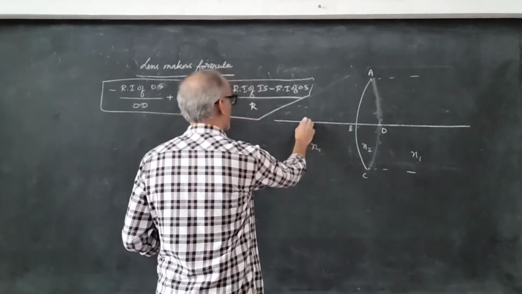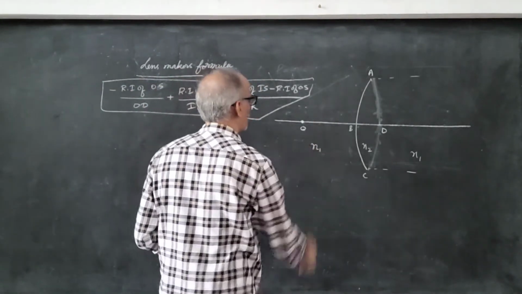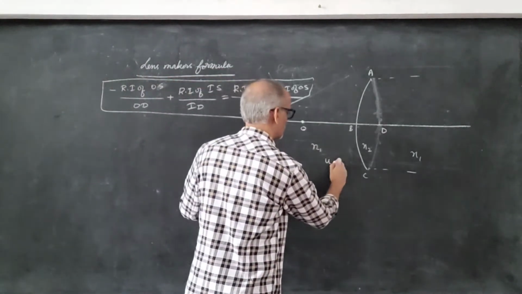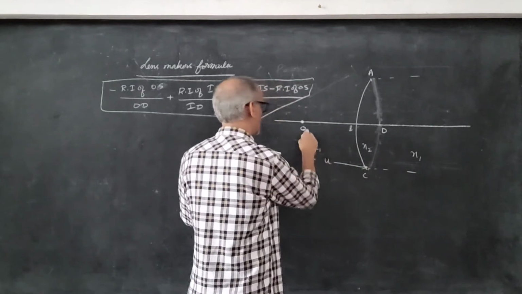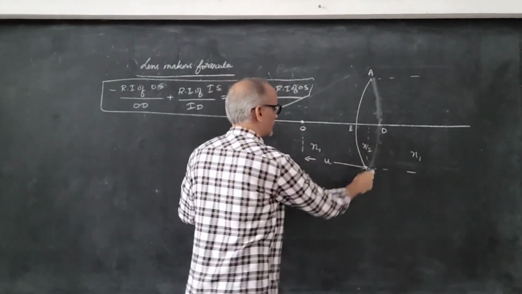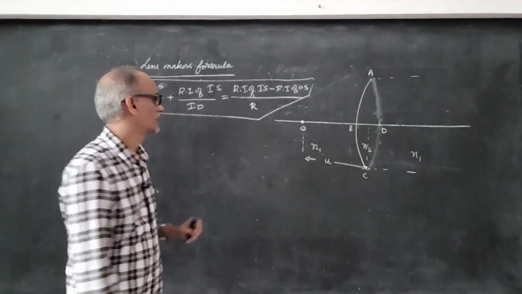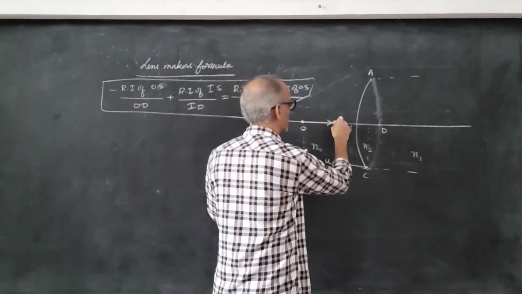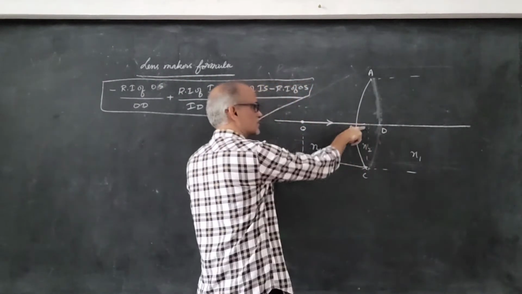For which you consider an object O at a distance u, and the distances are measured from the optic center. This is one of the incident rays, which passes straight without any deviation because it passes through the optic center.